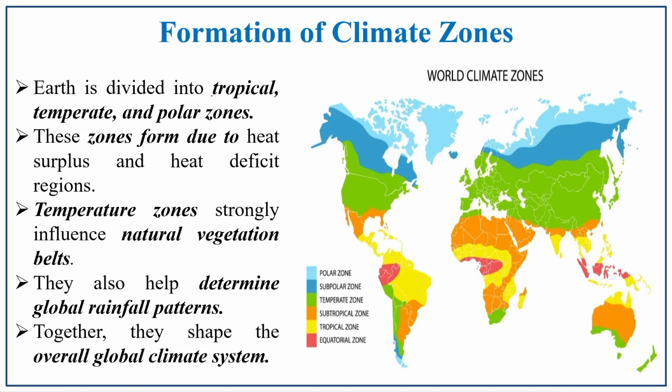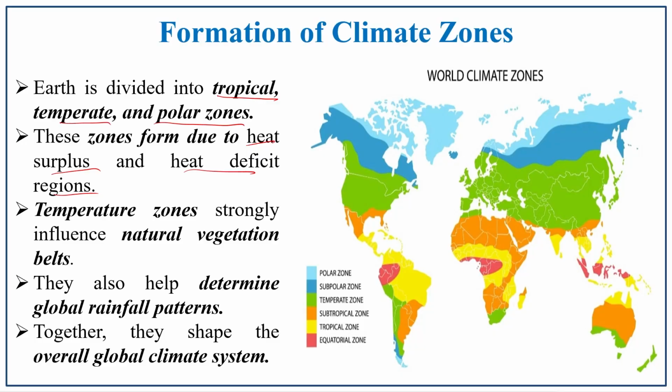The Earth is divided into how many zones? The tropical, temperate and polar zones. These zones form due to heat surplus and heat deficit, which play an important role in the classification of climatic zones.